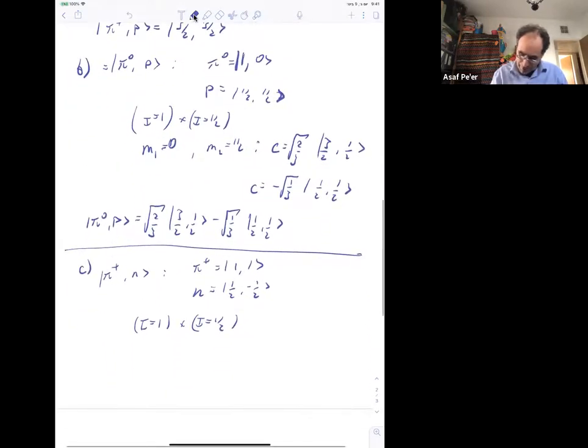So we have M1 equals 0. Sorry, M1 is equal to 1. That's because I have a typo in my notes. And M2 is equal minus 1/2.